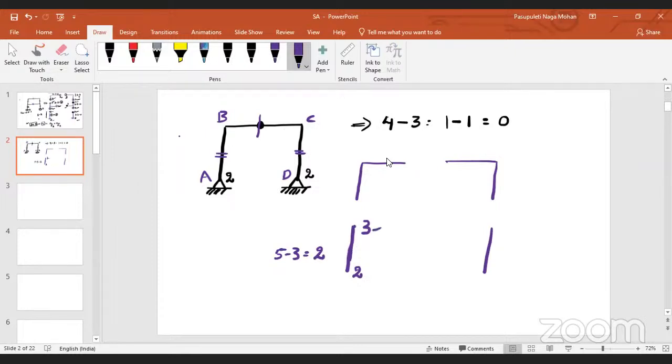If these 3 are known, then I know about these 3, isn't it? And how many reactions will exist here? I am cutting exactly at the hinge point, so 2.